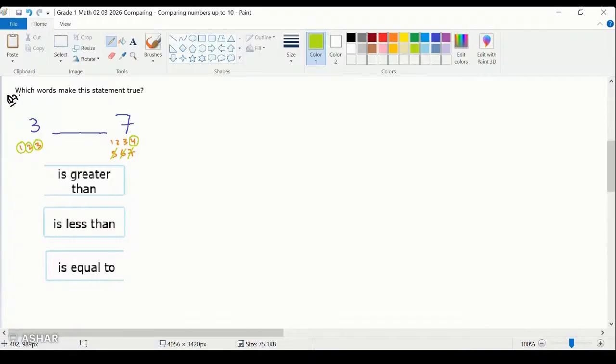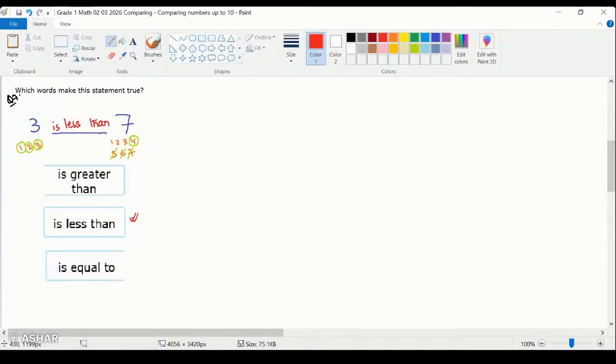Which number is greater? Can we say 3 is greater than 7? No, 3 is less than 7, right? So we say 3 is less than 7. Okay.